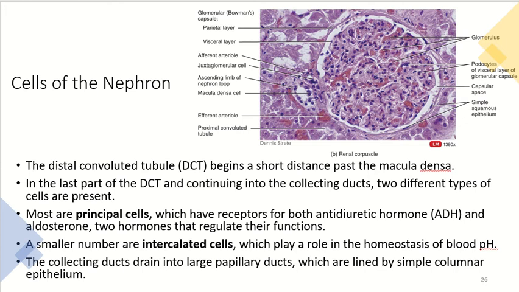These are two hormones that are going to regulate their functions. There is also a smaller number of intercalated cells, and these are going to play a really important role in the homeostasis of blood pH. The collecting ducts are going to drain into a large papillary duct, and this is going to be lined with simple columnar epithelium.